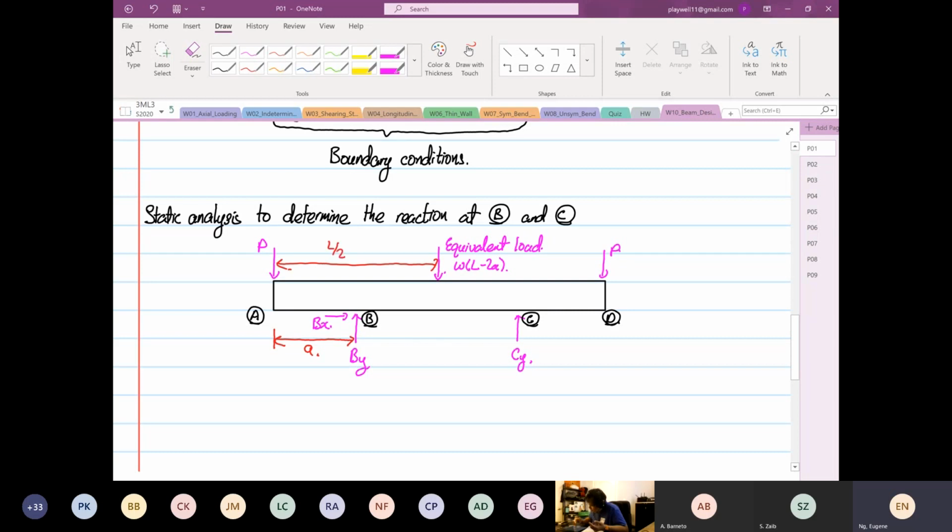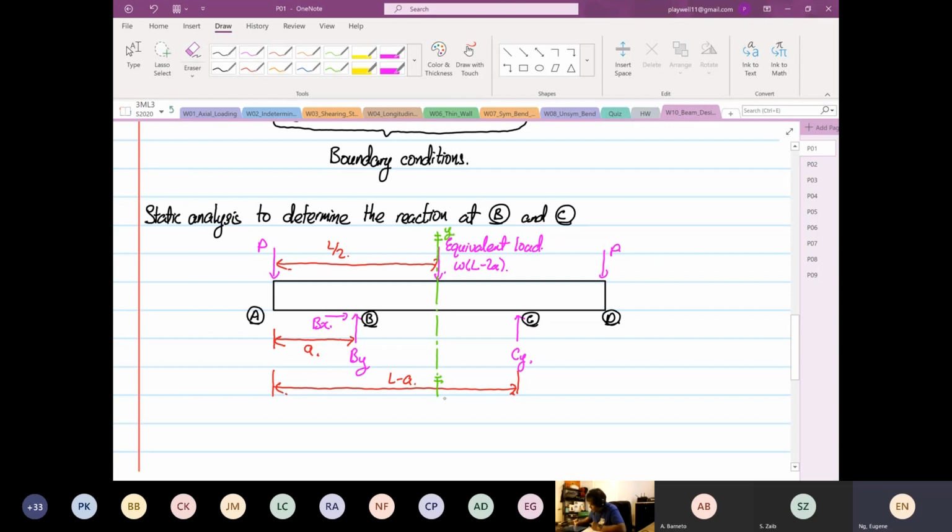And then the distance from here to point C is equal to L minus A. Okay, so we realize on this structure, if I draw a vertical line from the center, the left hand side is equal to the what? The right hand side. Okay, so I'm going to call this YY line.